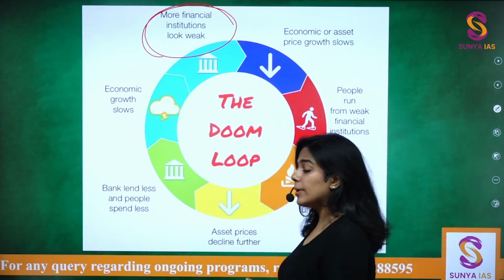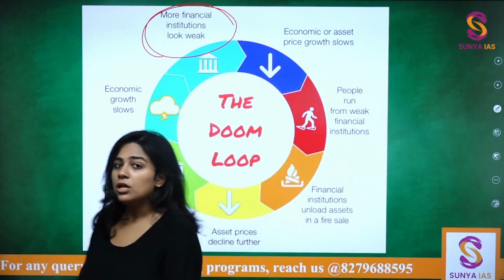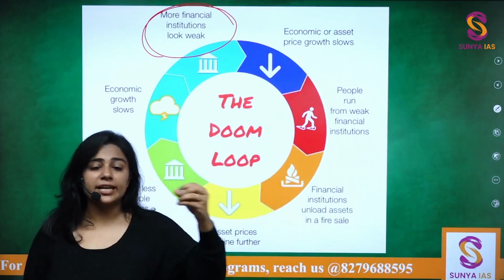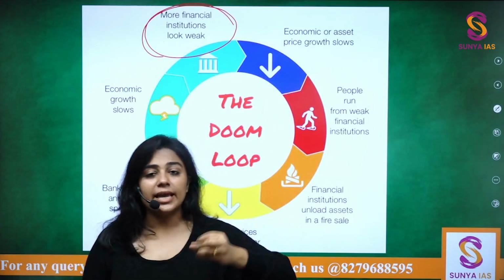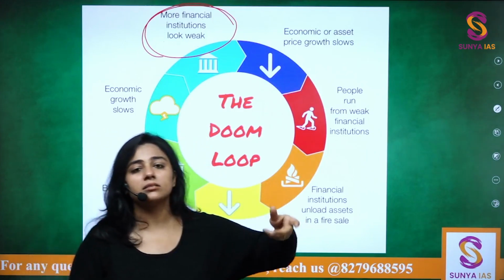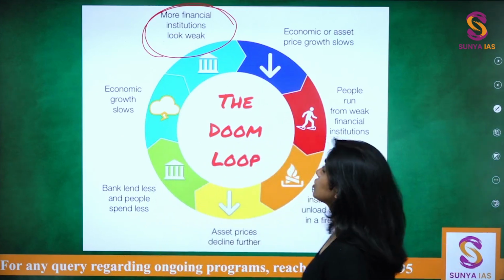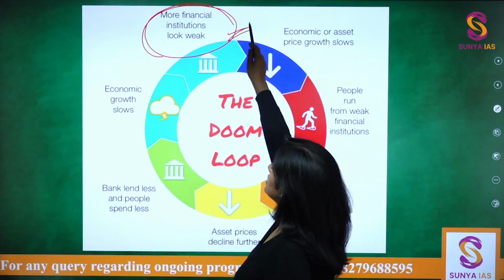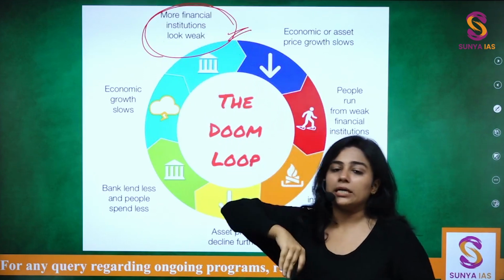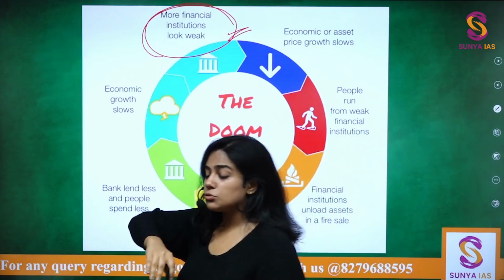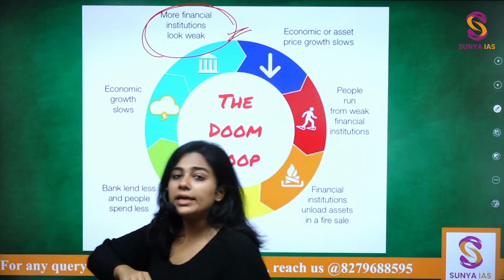Why? Because the government itself is not reliable. So when the banks have invested heavily in these governments, and the government may not deliver, the bank will lose legitimacy. So financial institutions start looking weak.